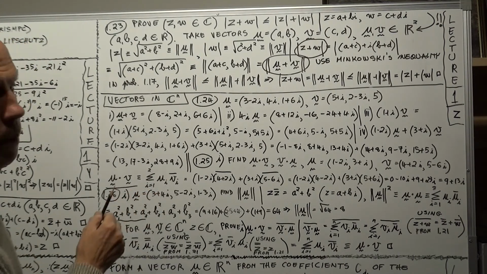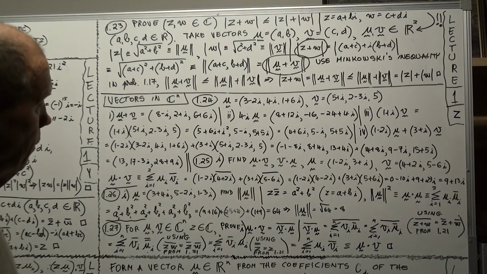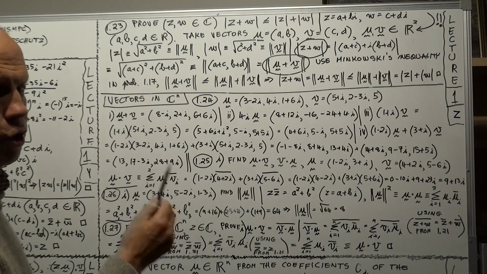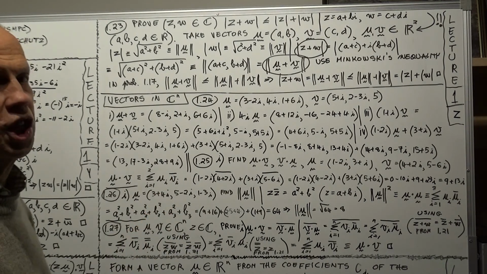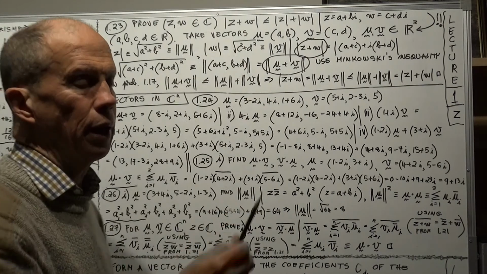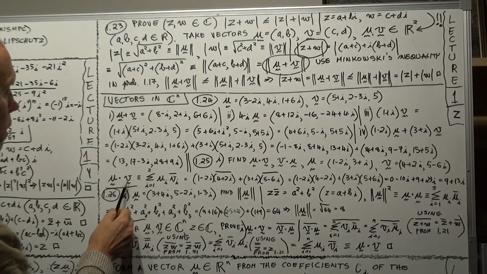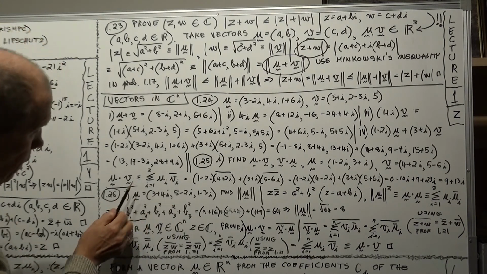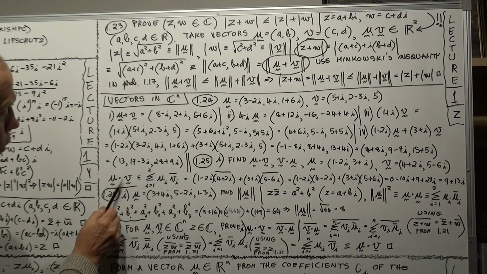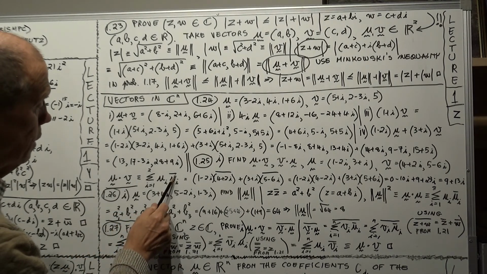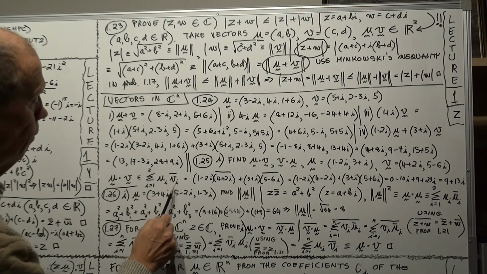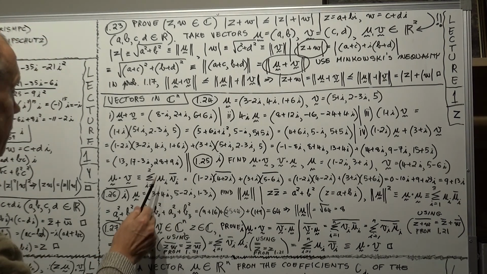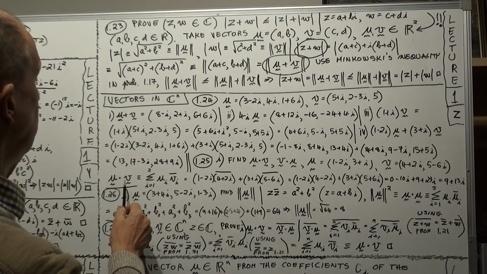You don't have to have a bar when you're talking about real vectors, right? Because if this were a real vector, conjugating it, putting a bar over it, won't change anything. So you can forget the bar. But when these vectors are complex vectors, that's why 3 bars here. The definition of the dot product is that this second component needs to be conjugated.